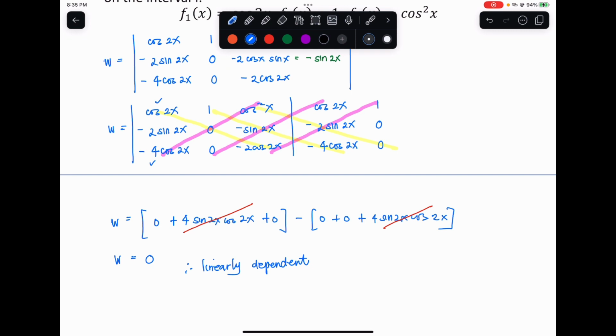If the Wronskian is equal to 0, that makes it linearly dependent as well, so it is not a solution of a differential equation. But if the linear combination is not equal to 0, or the Wronskian is not equal to 0, then that makes it linearly independent with each other. And solutions which are linearly independent with each other are possible solutions of a differential equation.